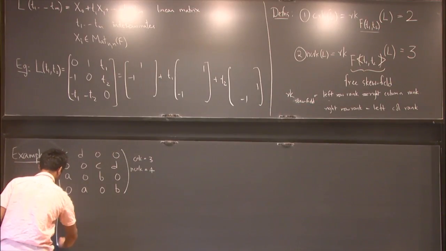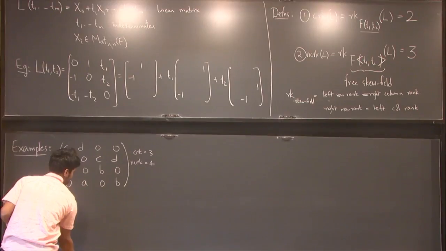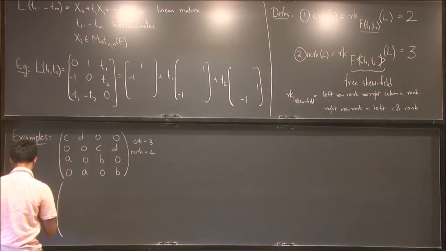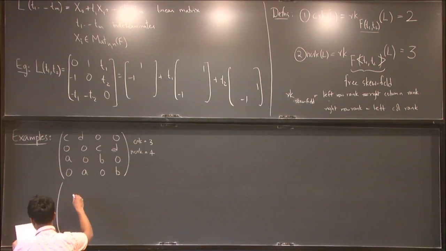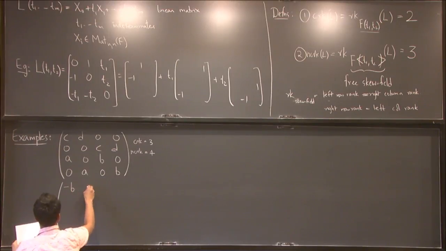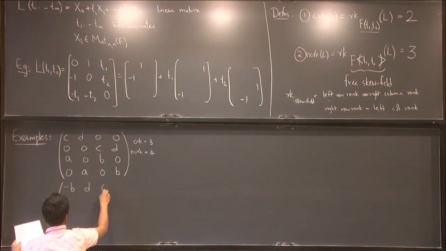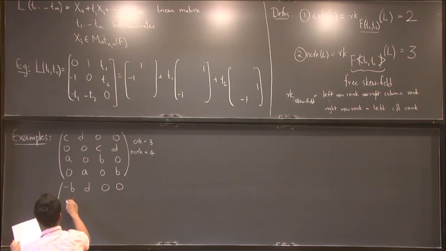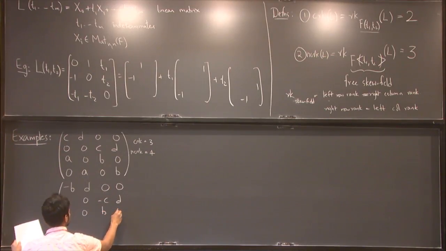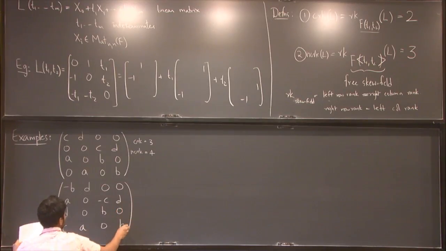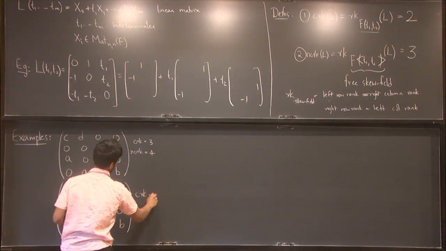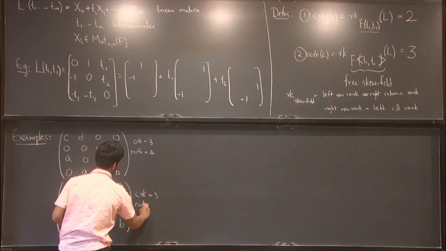Another such example is again 4 by 4. So minus B, D, 0, 0, A, 0, minus C, D, D, 0, B. Even for this, the commutative rank is again 3 and the non-commutative rank is 4.